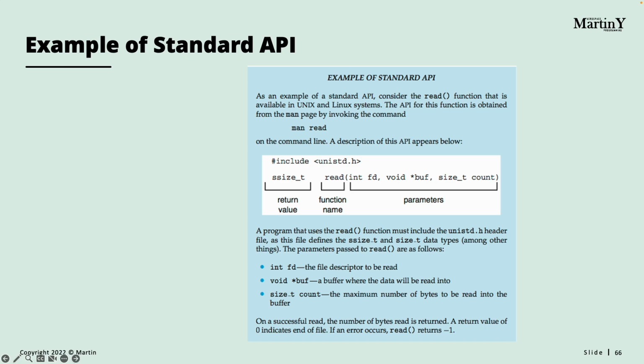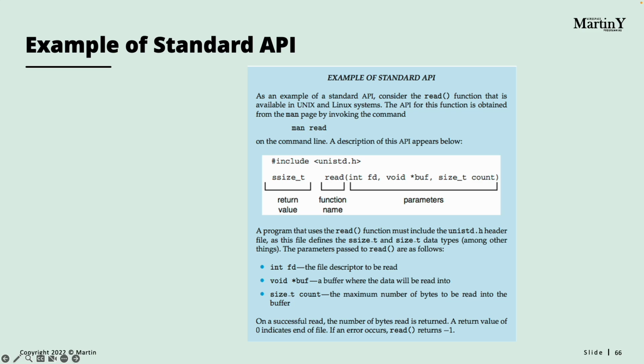Now, for example, if you want to read something, we use the command read to read the content of some file. What is going to happen? We're going to use the API to access this function right here.